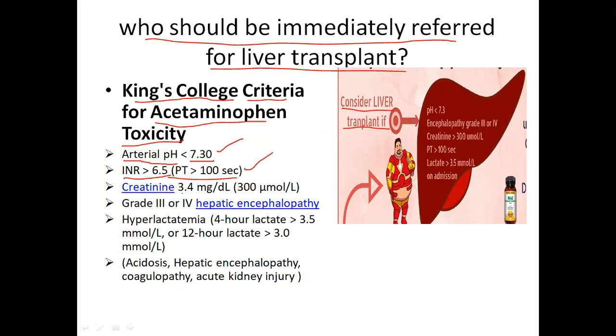If the creatinine level is 3.4 mg per deciliter, if there is grade 3 or 4 hepatic encephalopathy, hyperlactatemia, any more lactate in the blood, and if there is acidosis, hepatic encephalopathy, coagulopathy, acute kidney injury.